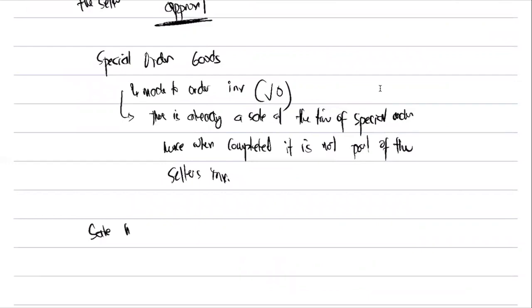Next, we have your sale held for shipping instructions. So what is the sale held for shipping instructions? What is this shipping instructions? So the shipping instructions will come, of course, from the buyer. So how do we treat this particular type of sale?